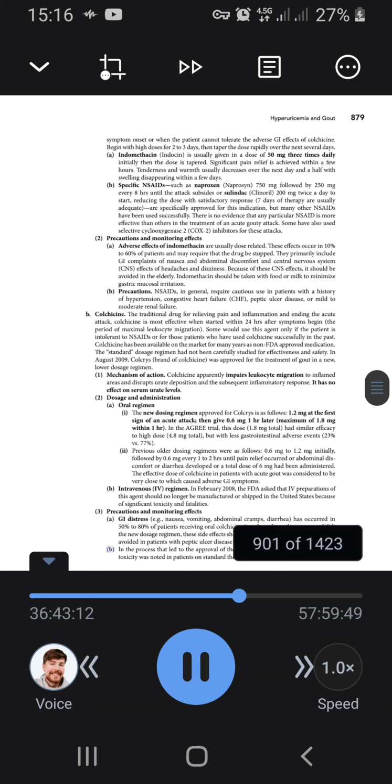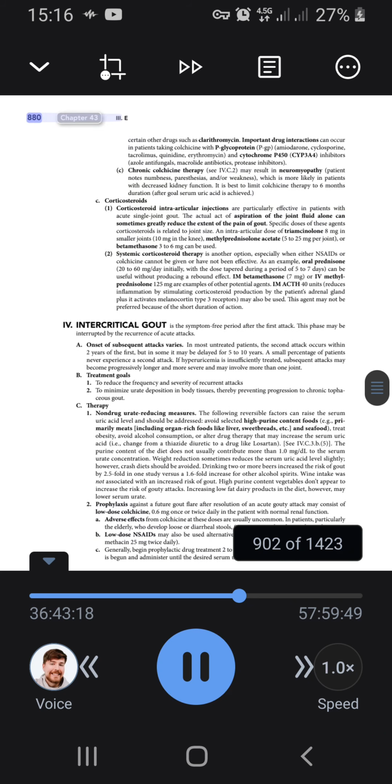B. In the process that led to the approval of the marketing of Colcrys, fatal colchicine toxicity was noted in patients on standard therapeutic doses of colchicine, taken with certain other drugs such as clarithromycin.